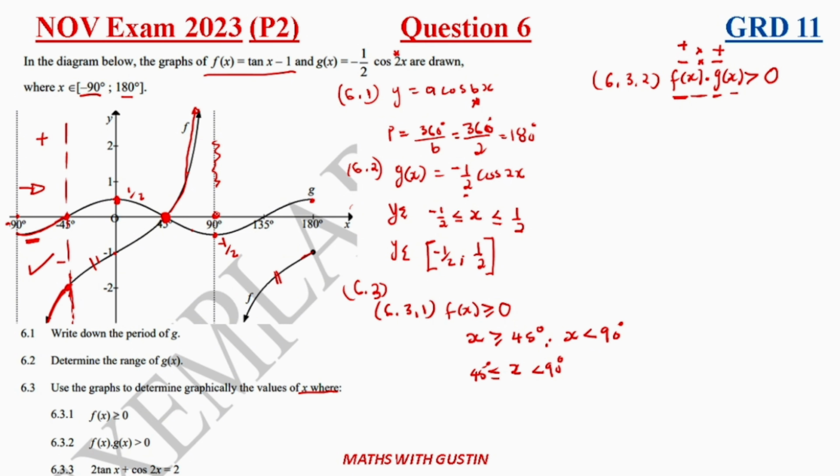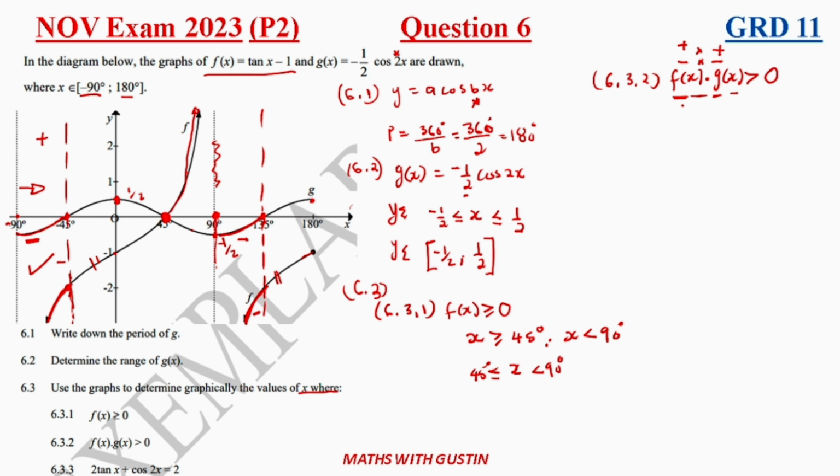At 90 degrees, what do you have? 90 degrees is a line of asymptotes. Here we have a negative there up until this point. Therefore it means on this line here at 135, both of these graphs are negative. There you go. So that's negative in this part.